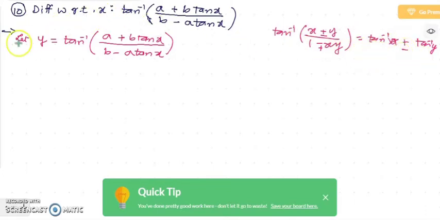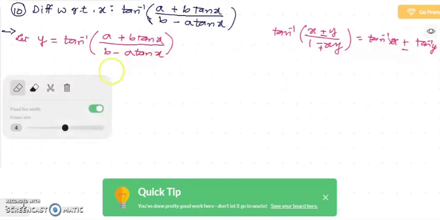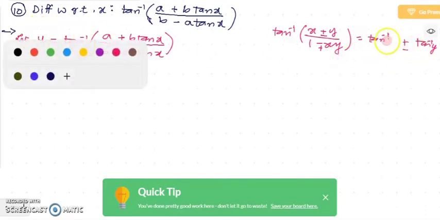One of these formulae will be helpful over here. So let us try to rearrange this and write it in one of these two forms.